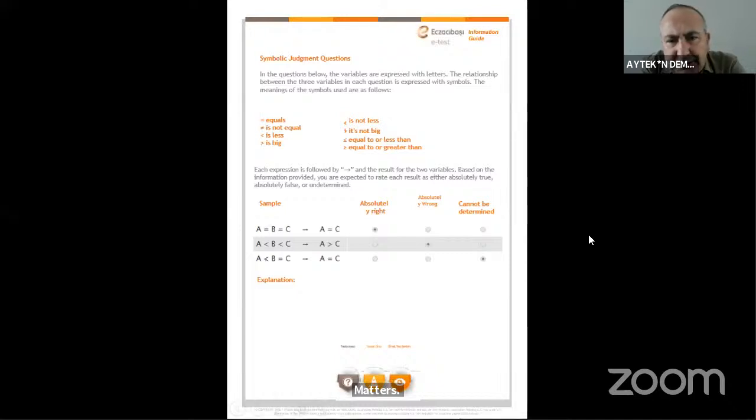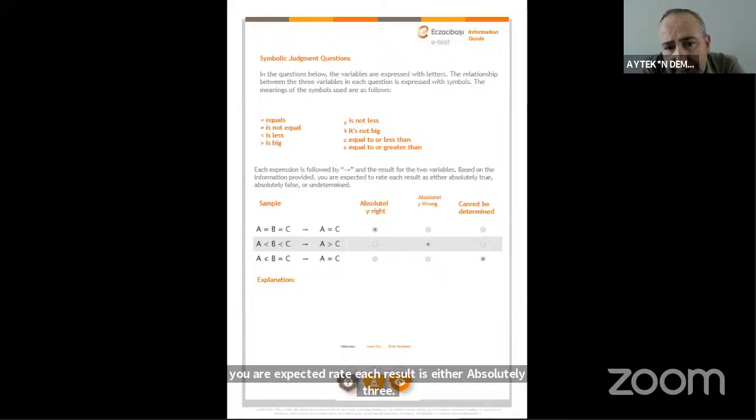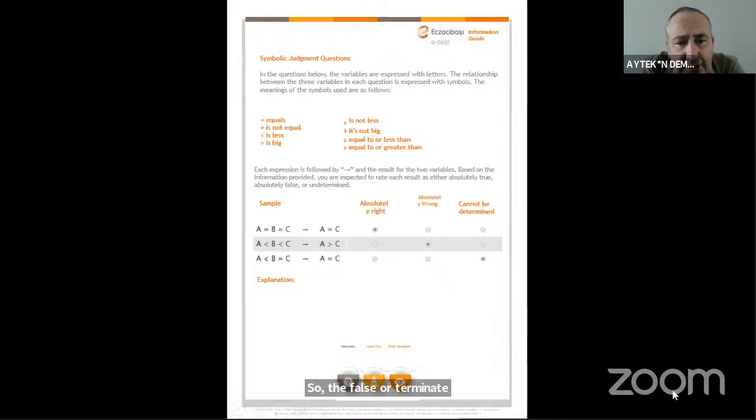Each expression is followed by the figure and the results for two variables based on the information provided. You are expected to rate each result as either absolutely true, absolutely false, or undetermined. For example, A equals B equals C, so A equals C. Absolutely right, absolutely wrong, cannot be determined.